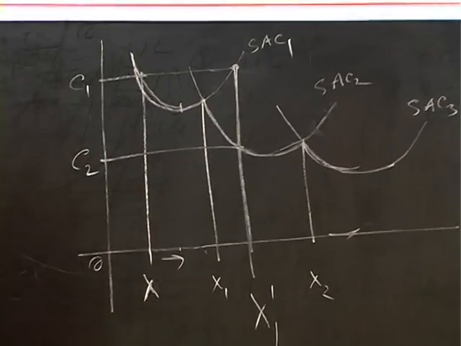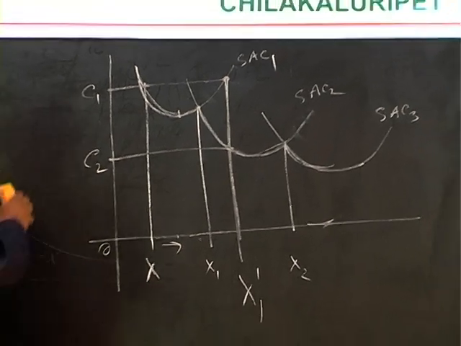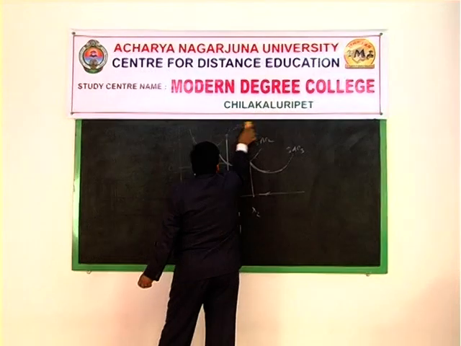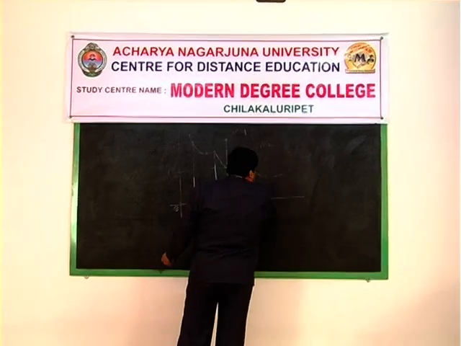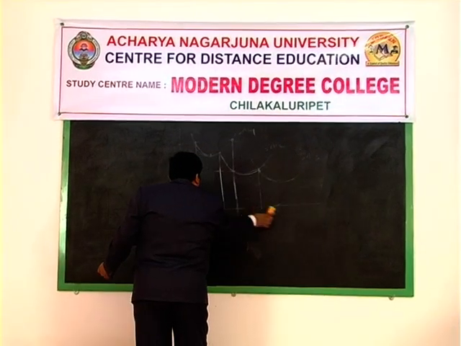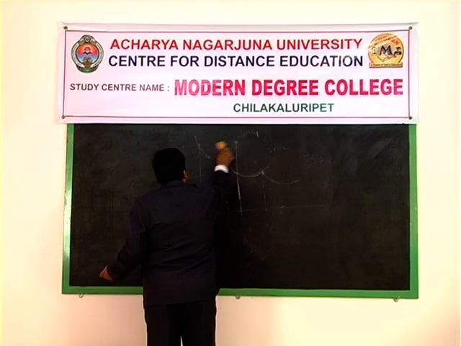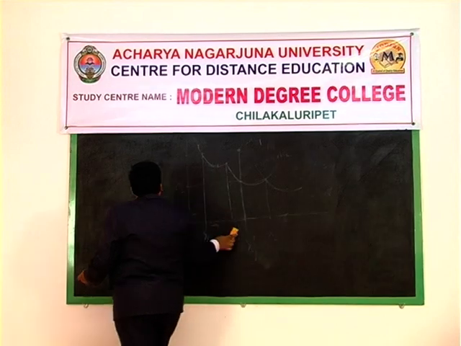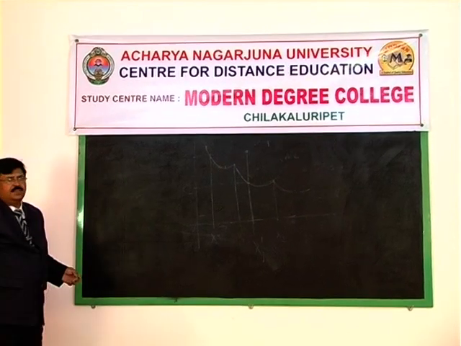Now let us explain the same with another curve. Here we have assumed only 3 types of plants available. Imagine there are 6 plants available. LAC is called a planning curve or envelope curve. That means it envelopes all the short run situations.